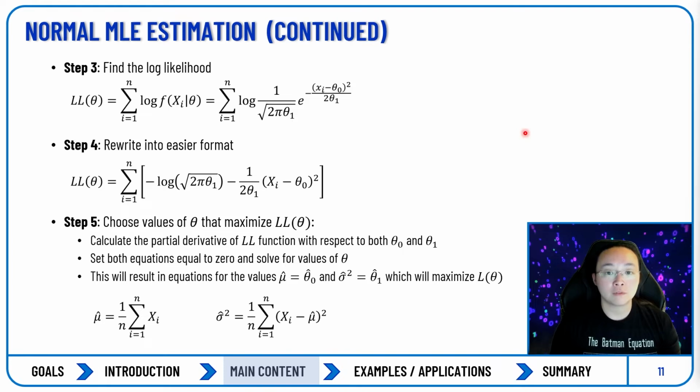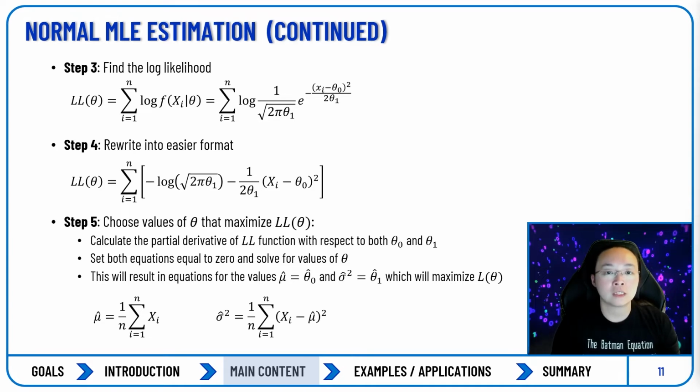Based off of this updated function, we can then choose values of theta that help to maximize it. So if you have multiple theta values, like theta 0 and theta 1, for your mean and your variance respectively, then we can simply calculate the partial derivative of the LL function and then set both of those equations to 0 and solve for the values of theta.